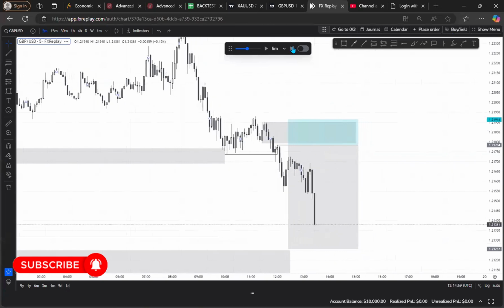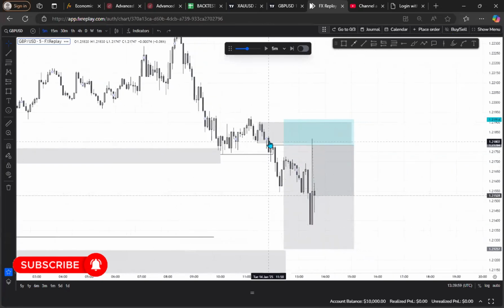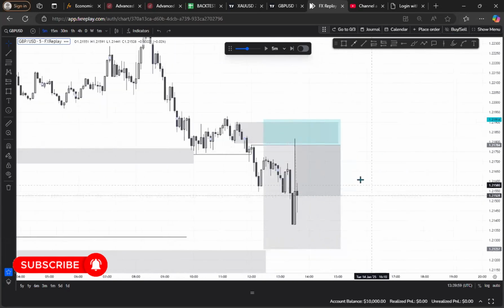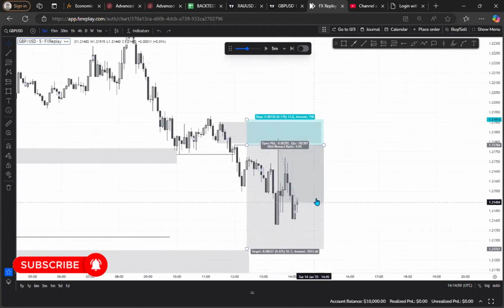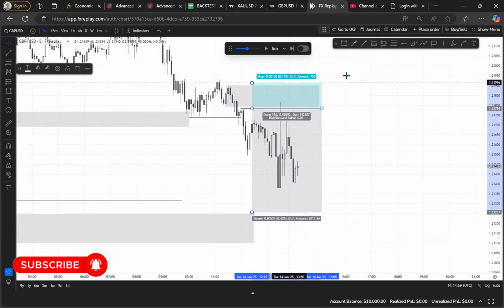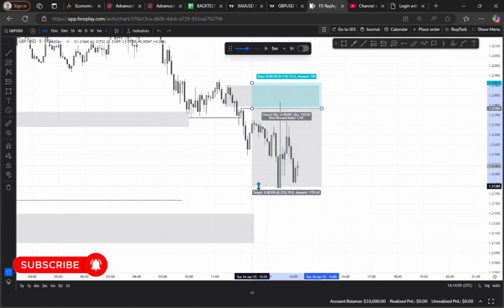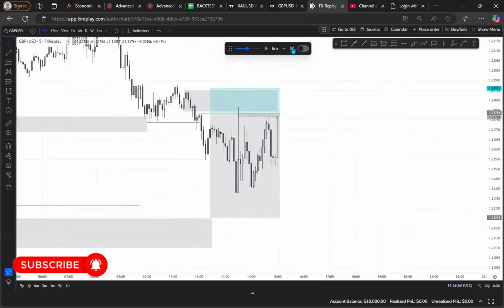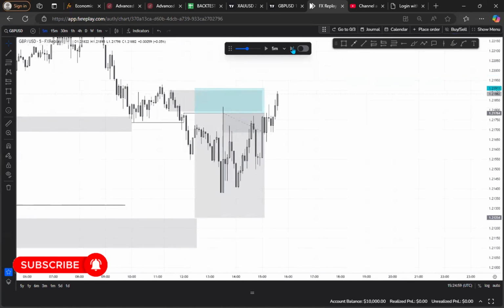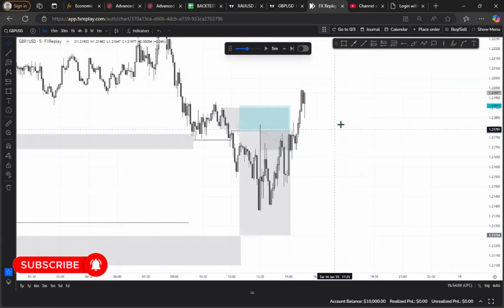Price did not come there, and news came and tagged me in. Price then starts acting like this. My target on this trade was 1:4, but at this point, price has already done like 1:3. So I took out half of my position and set my stop loss to break even. So price came and took me out.